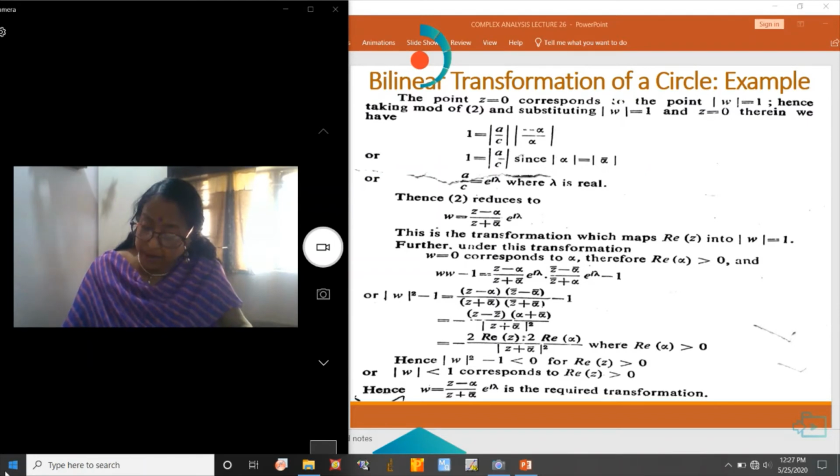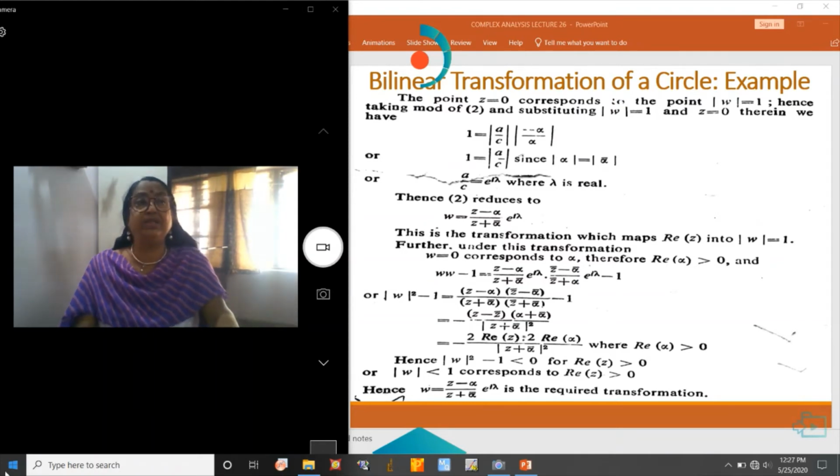So the inside of the circle corresponds to real z greater than 0.